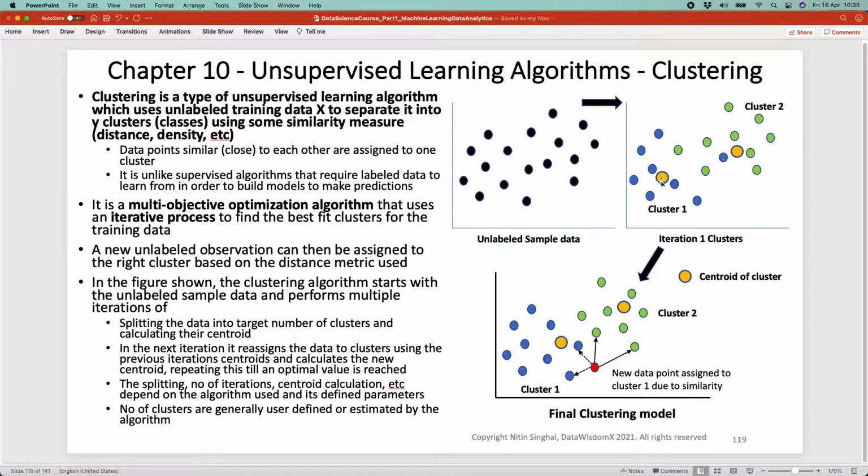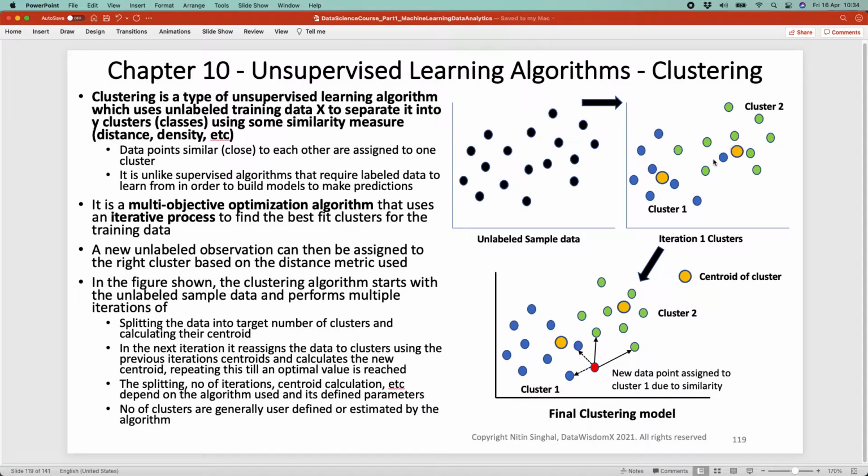So what we do is we find the centroid, the center of all the points, and this is the best optimized center for cluster 1. Similarly for cluster 2.